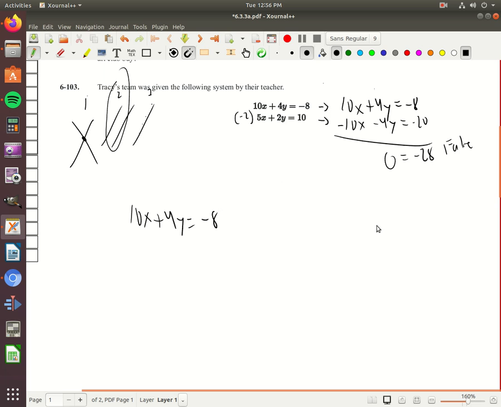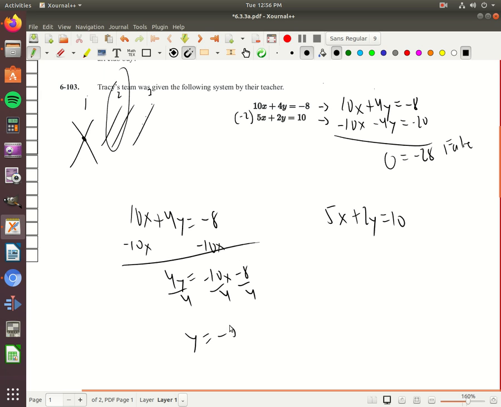It asks us to solve both of these things for y and compare them in graphing form. So y equals -5/2 x minus 2. Over here we'll subtract 5x.